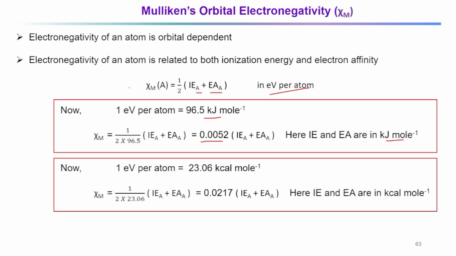Similarly, you can convert this formula to kilocalorie per mole by dividing by this factor 23.06. If you divide it, you will get chi m is equal to 0.0217 times ionization energy of A plus electron affinity of A. So here ionization energy and electron affinity are in kilocalorie per mole unit. Again, I will remove all those inks. You can pause the video and take a screenshot.